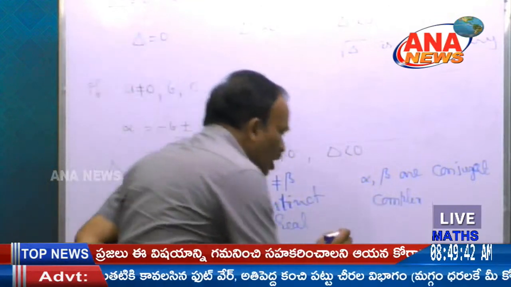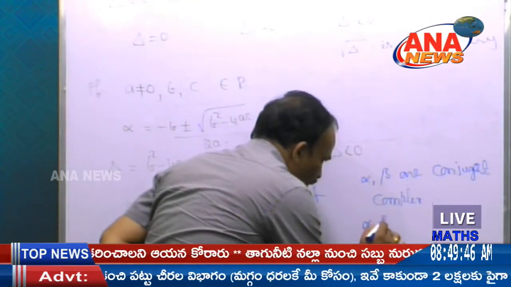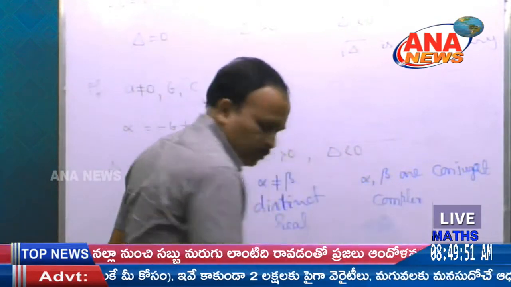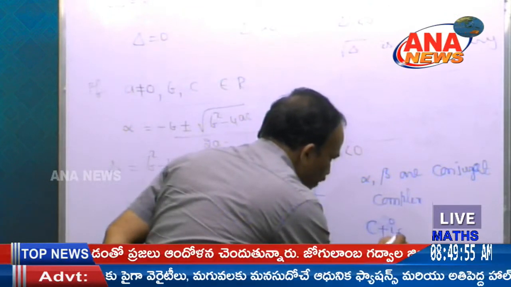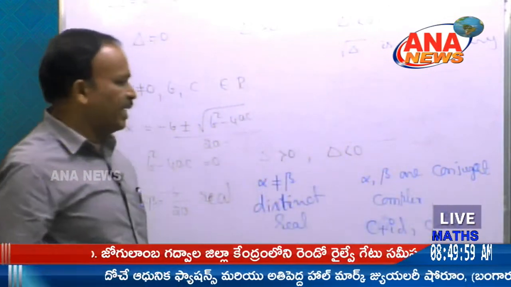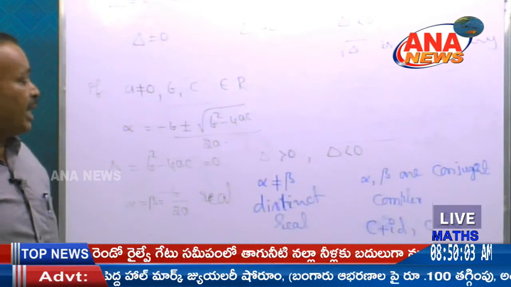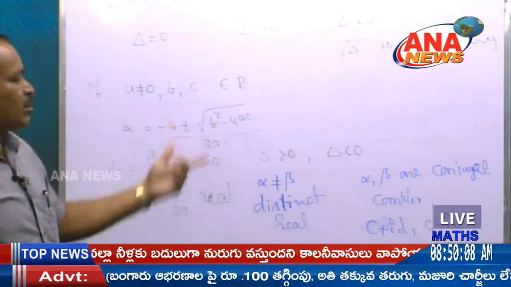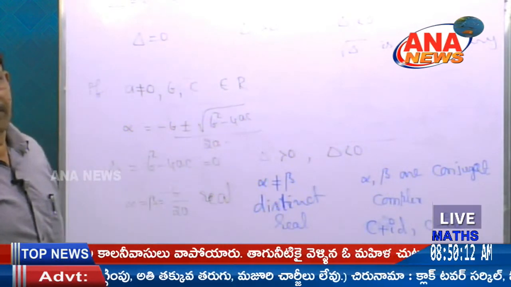These values are in the form of alpha plus i beta. Here alpha is not that alpha. They are like c plus id and c minus id. These two are called conjugate complex numbers. In this one, minus b plus root over something and minus b minus root over something.